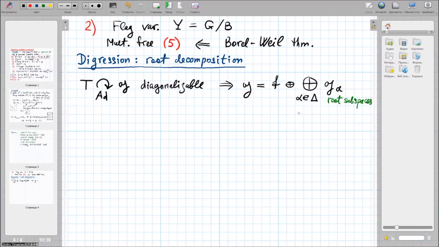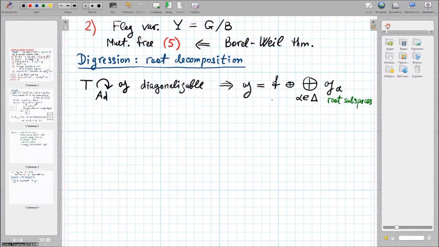The first summand of this decomposition is the Lie algebra of T, small German t. It is also known as the Cartan subalgebra, or the maximal toral subalgebra.